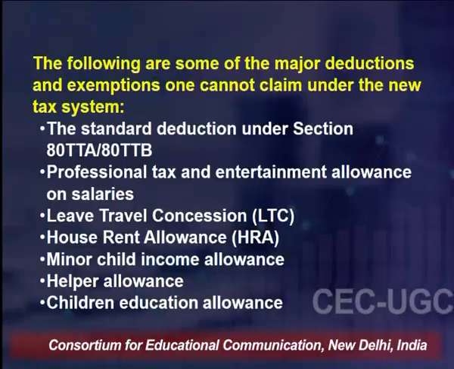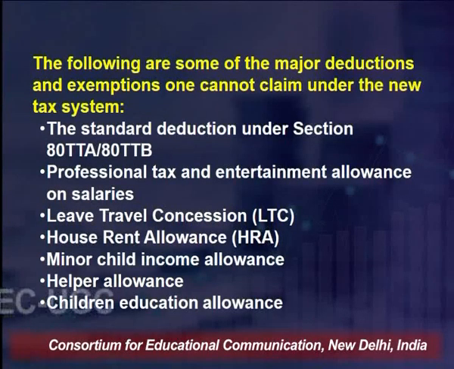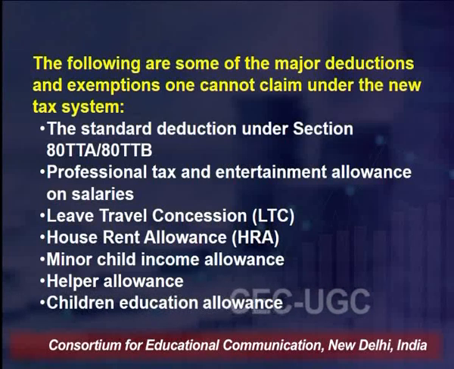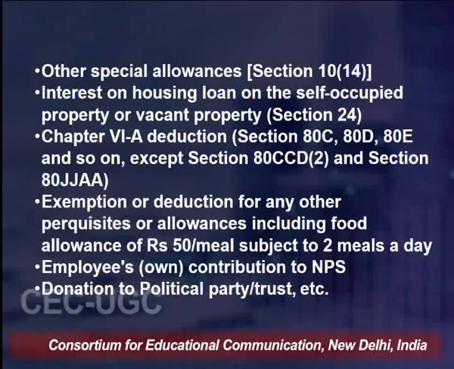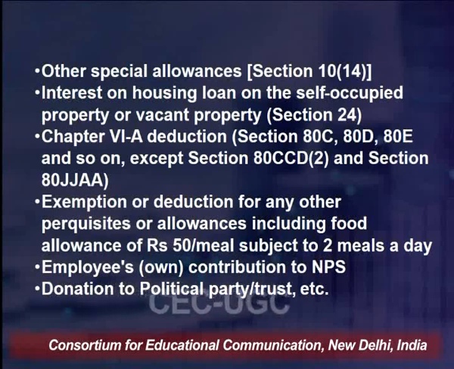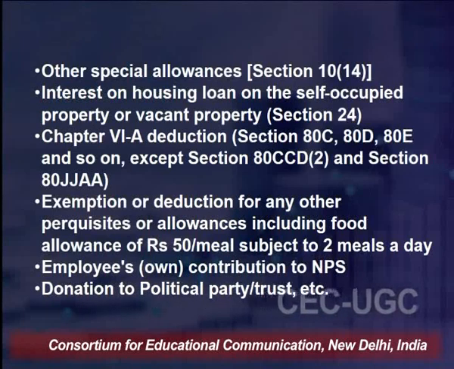For example, deductions under Section 80TTA, 80TTB, LTC, HRA, minor child income allowance, children education allowance, and the Chapter VI-A deductions that we discussed, that is 80C to 80U, but it excludes certain categories.